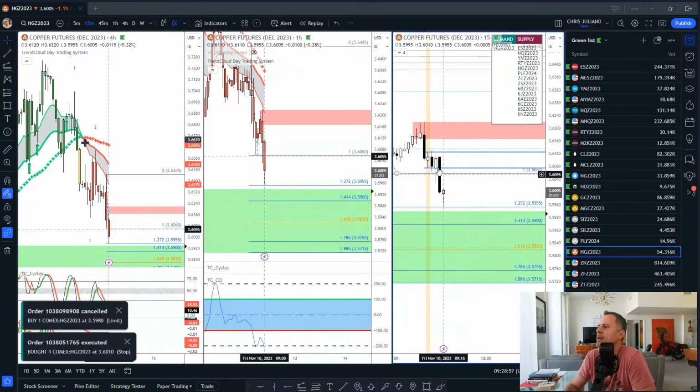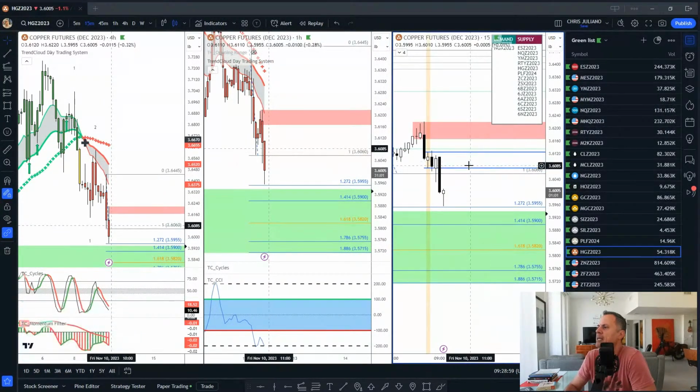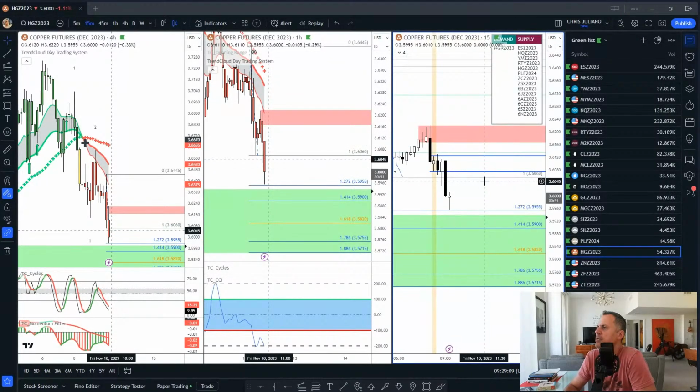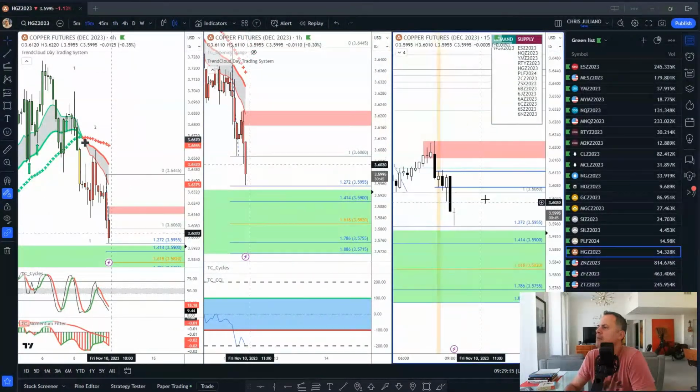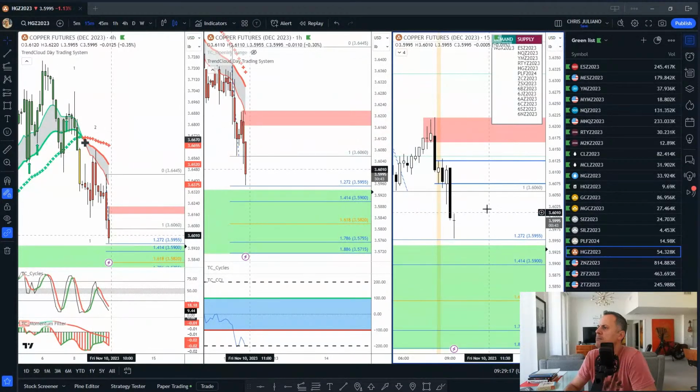And now it's pulling back. If it does pull back into this zone here, we could take this trade again, but we locked in that profit there.